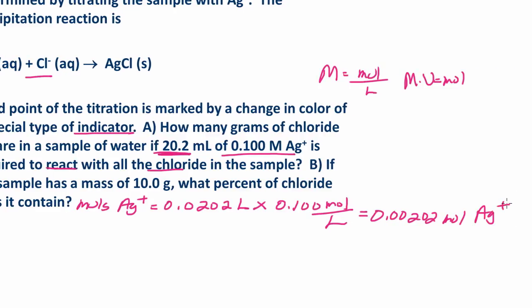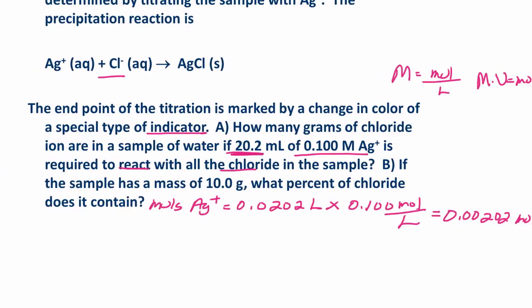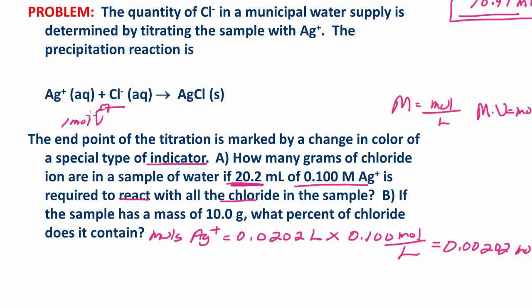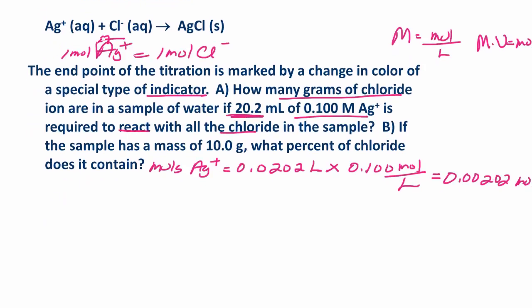Now, from the balanced equation, again, you have to always go back to the balanced equation. And we see that 1 mole of silver ion is equal to 1 mole of chloride ion. So there's a 1-to-1 mole ratio there. We're asked how many grams of chloride ion are in this sample. So let's start with 0.00202 moles of silver ion.